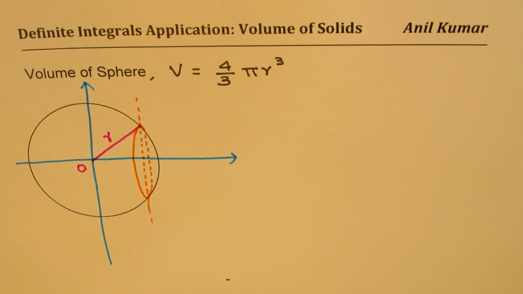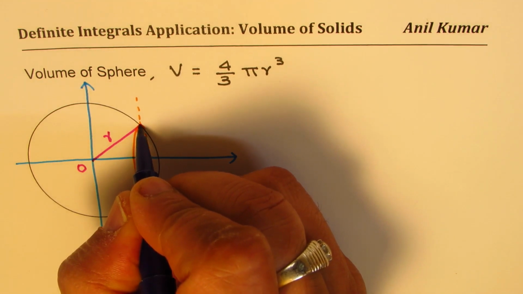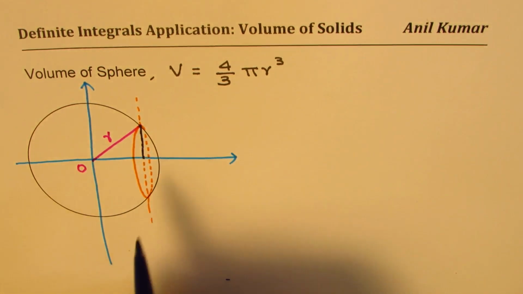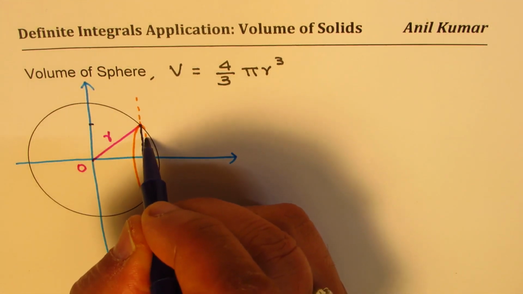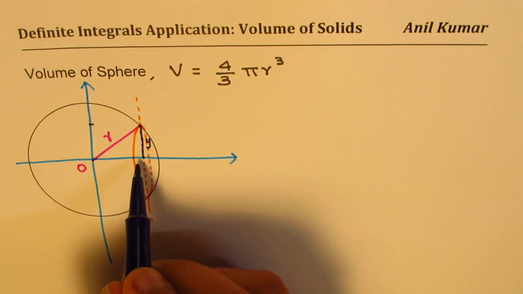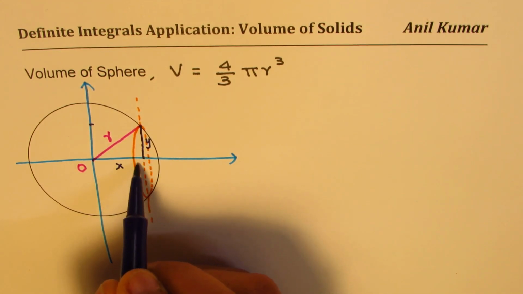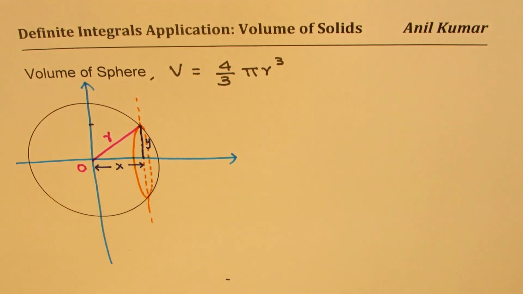So we have cut a slice out of this sphere. The height of this slice, let us say, is y. And let us say that we have cut this slice x distance away from the center.